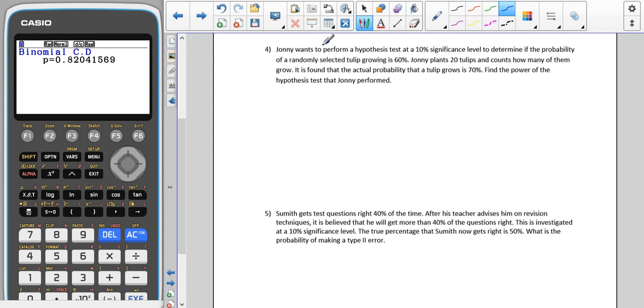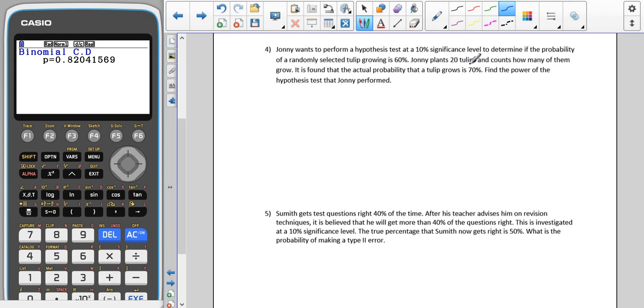So Johnny wants to perform a hypothesis test at a 10% significance level to determine if the probability of randomly selecting a tulip growing is 60%. Johnny plants 20 tulips, and counts how many of them grow. It is found that actually the probability of growing a tulip is 70%.